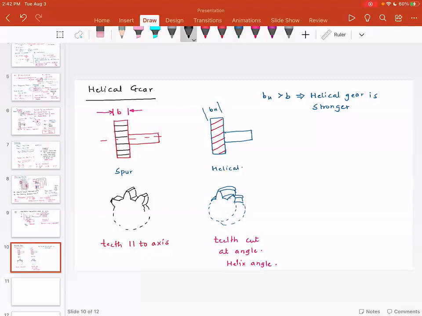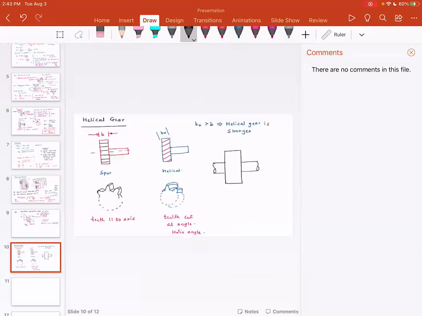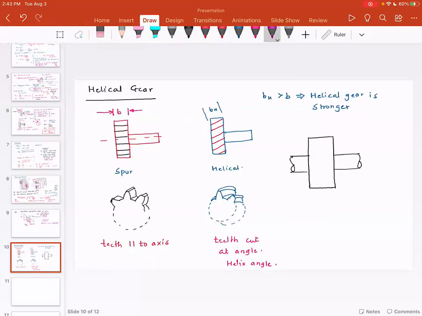For the helical gear, there are two types of pitches that are defined. Let me show you what I mean by that. This is sort of the magnified view of the helical gear. This is the shaft of the helical gear. There are two types of pitches.